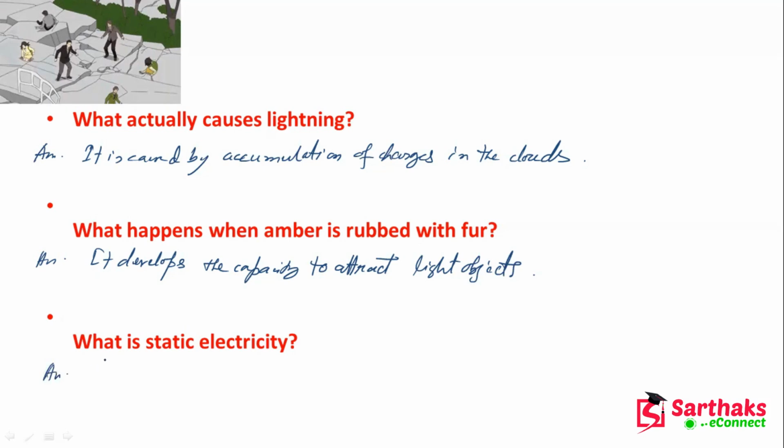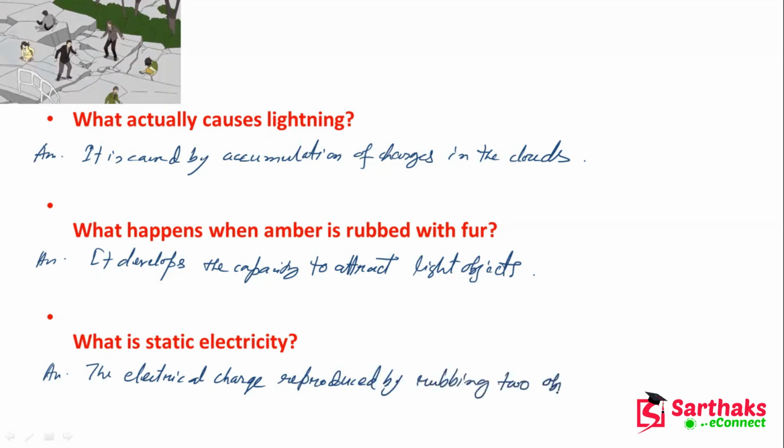The electrical charge produced by rubbing two objects is called static electricity.